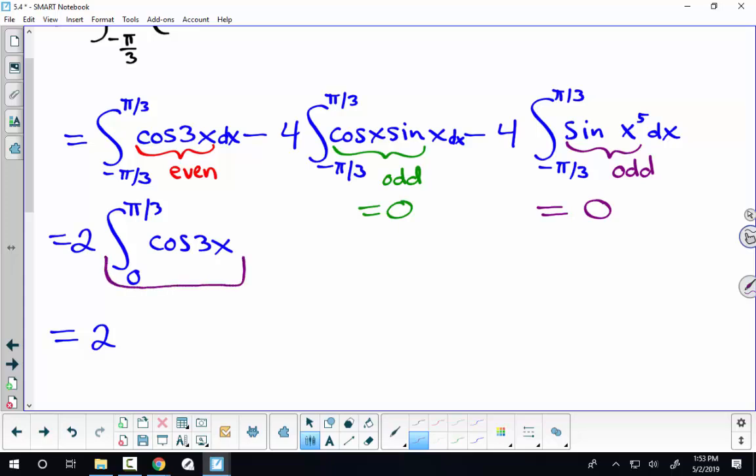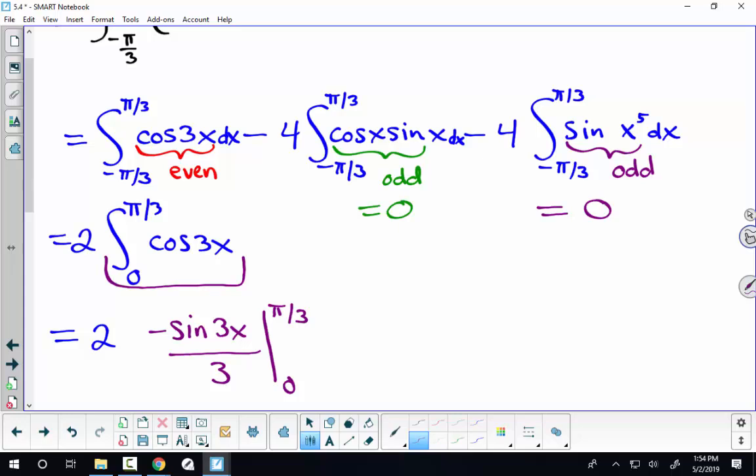Negative sine 3x over 3, evaluated from 0 to pi over 3. How is that negative? Oh, yeah. So is it negative?